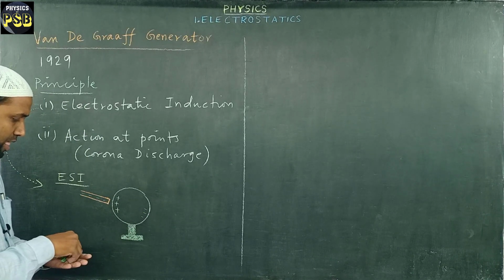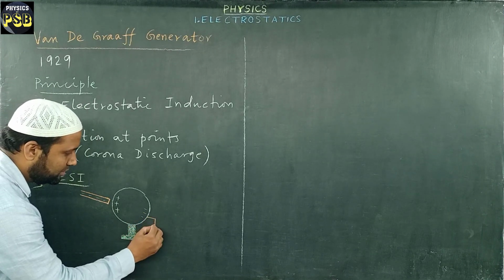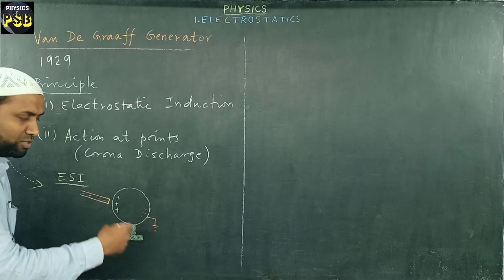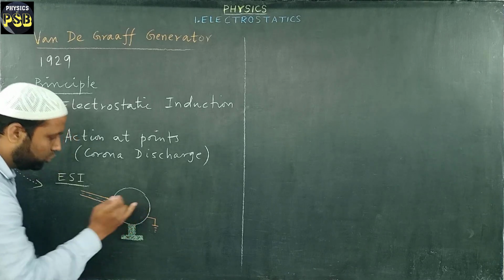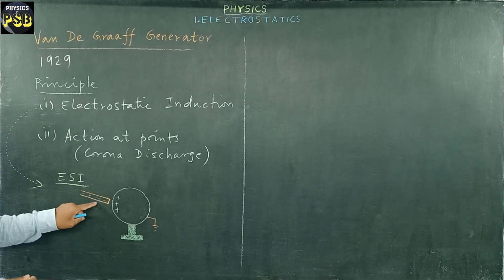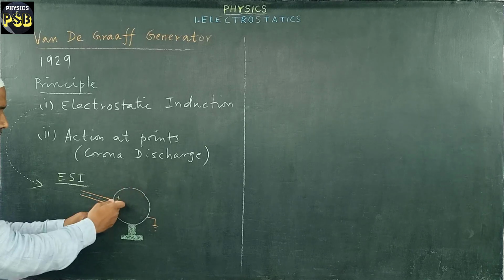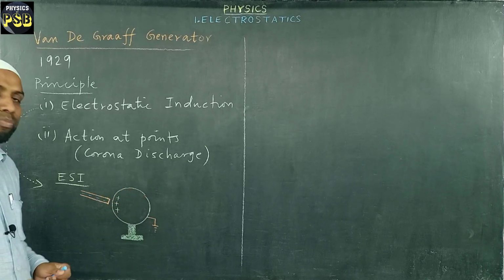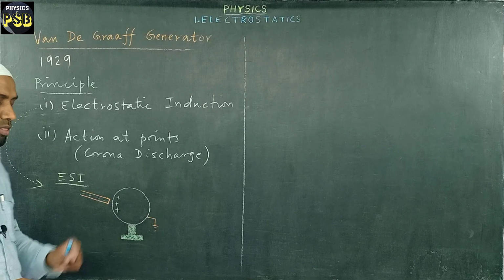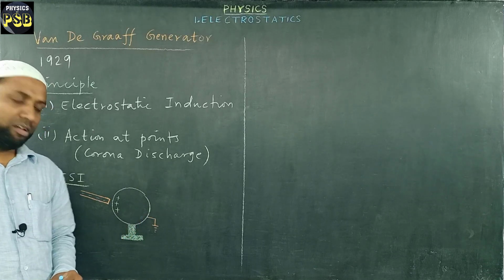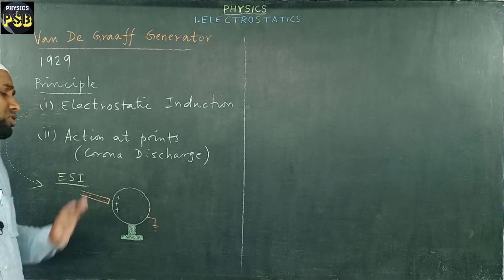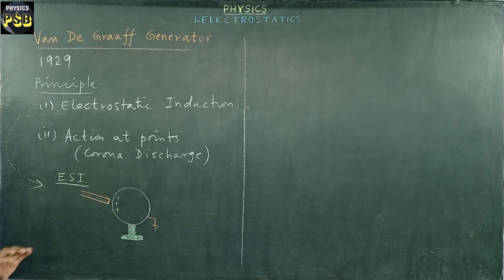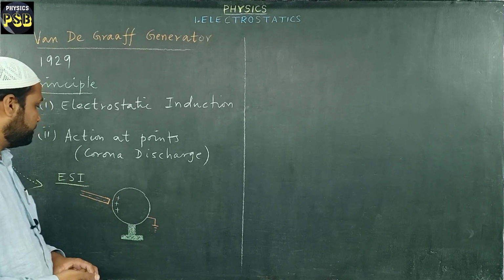Now, if I ground this, all these negative charges will move to the ground. So only positive charges are left here. Now when I remove this object, the positive charges get distributed uniformly on this sphere. This is how one can charge an object without touching it. We call this phenomenon electrostatic induction. I hope you have understood.